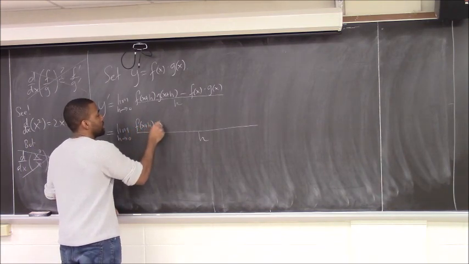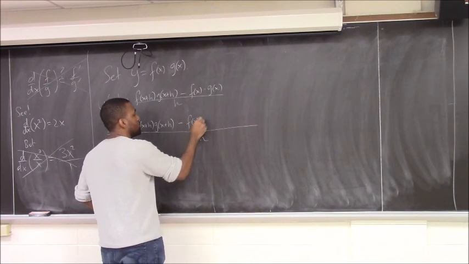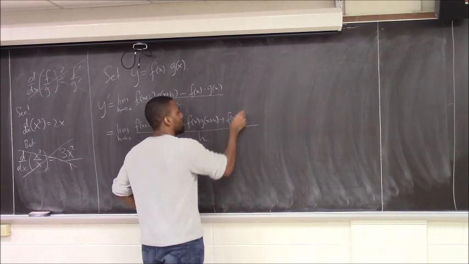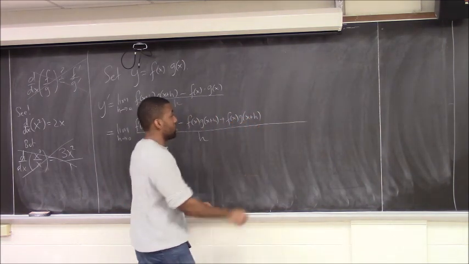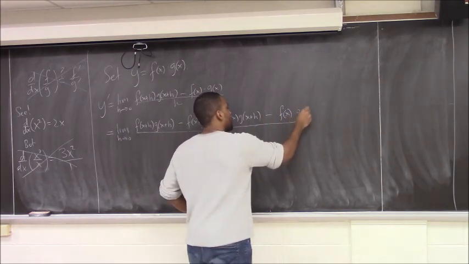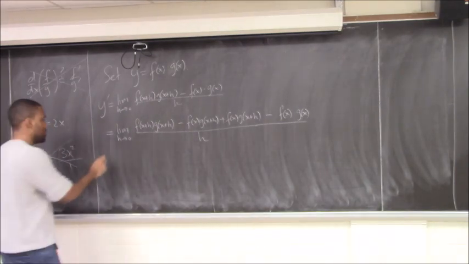So with this guy, I'm going to subtract f of x times g of x plus h, and I'm going to add f of x times g of x plus h. So I'm adding 0. I'm not changing the value of the expression because I'm just adding 0 in a very convenient way. And you might say, why would that be convenient? Well, let me show you.